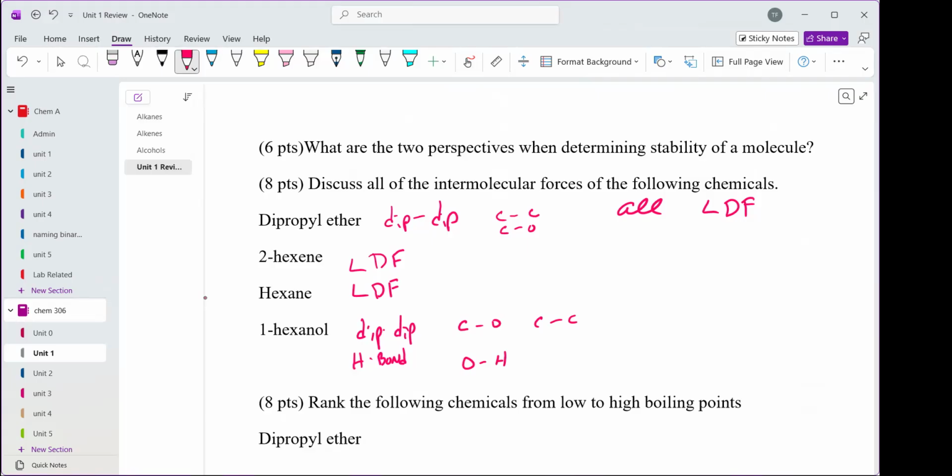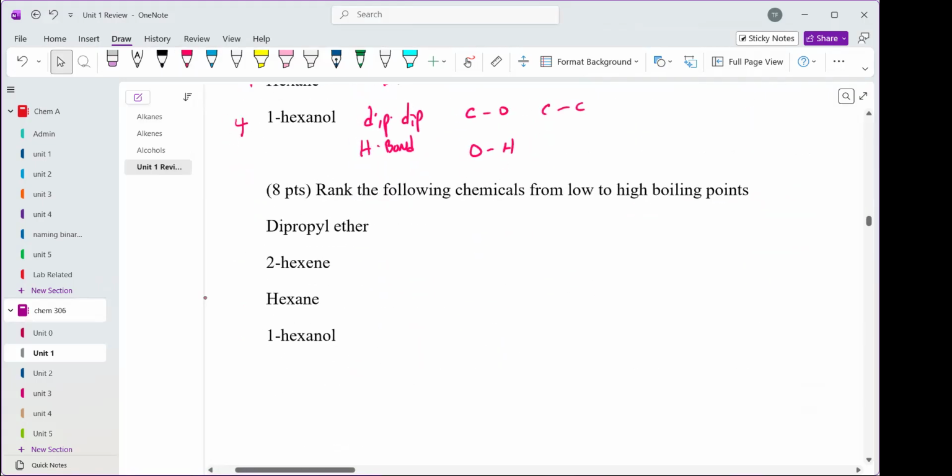Okay, rank the following. So this is going to be the highest IMF. Okay, so this is going to be 4, 3, 2, 1. So that means this is going to be the highest.